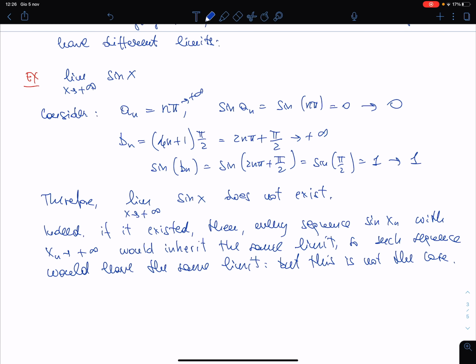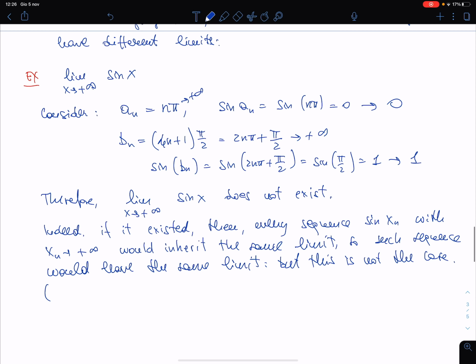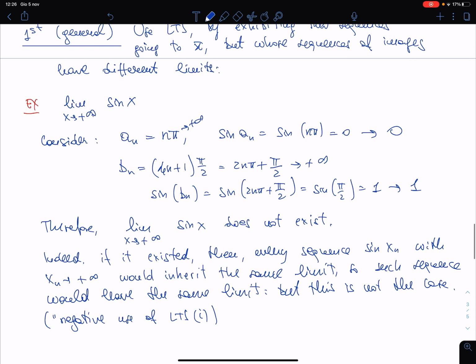Okay? So, this is a sort of negative use of LTS theorem. First part. Negative in the sense that it is used not to compute a limit, not to find a limit of a subsequence or also of a function, but to show that a certain limit does not exist.